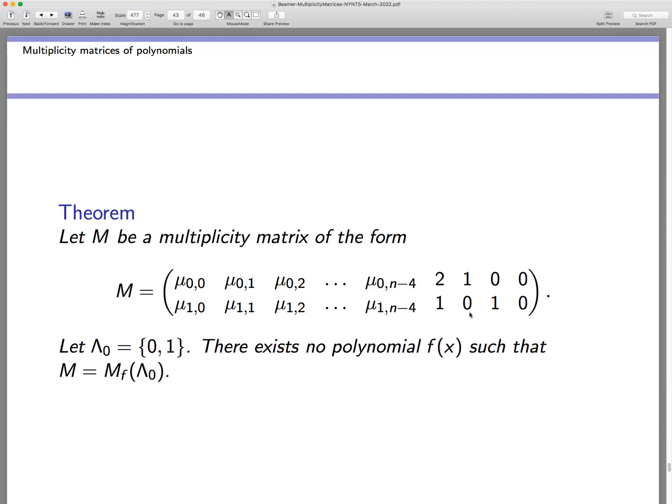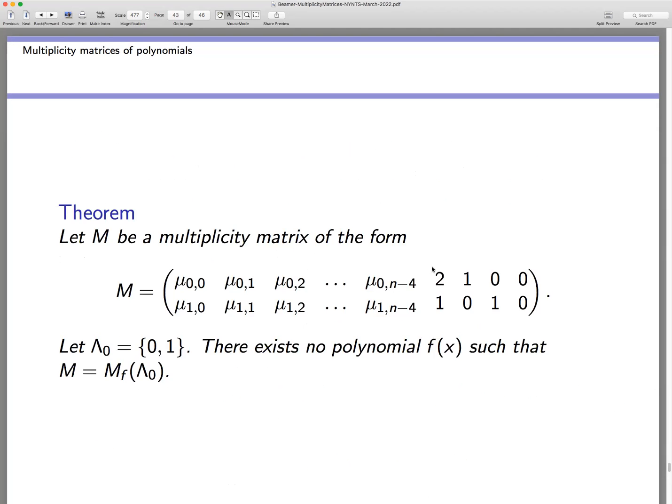So 0, 1, at most 2, at most 3, that's okay, and so forth. Actually, yeah, this is a multiplicity matrix. I assume this is not the multiplicity matrix of a polynomial.